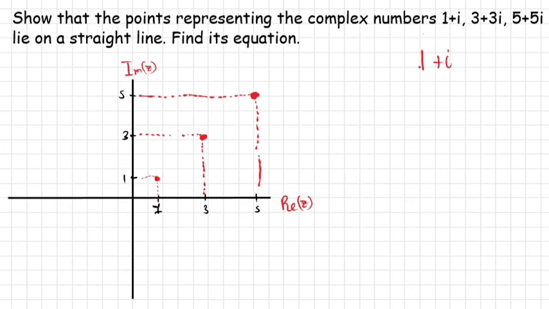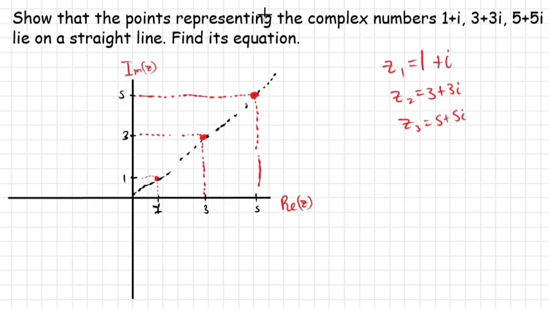So if I label them, Z1 for this one, Z2 for 3 plus 3i, and Z3 for 5 plus 5i. You can clearly see that they will be in a straight line if this is accurate enough. But the question is, how do we show that this is true?